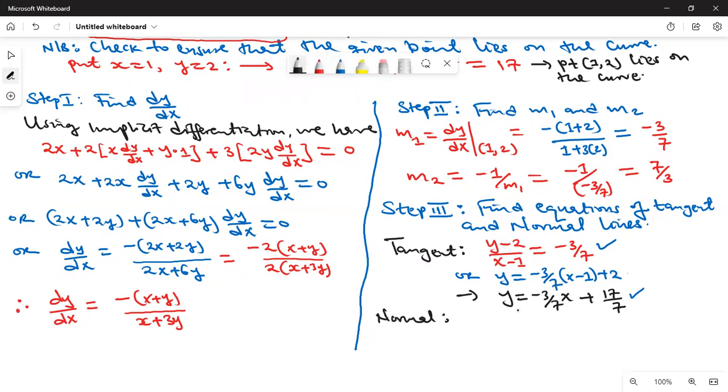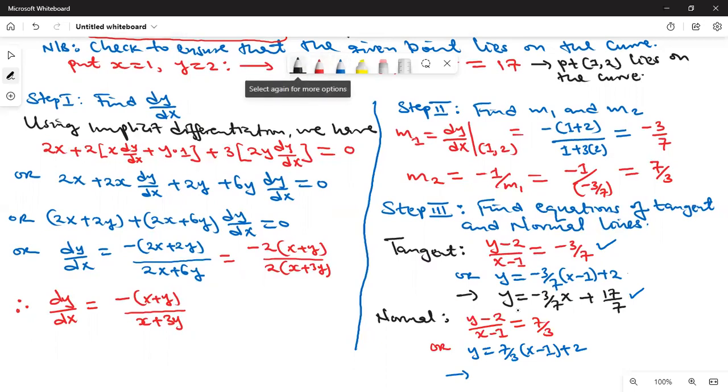Normal line, again, change in y will be y minus 2. Change in x is x minus 1, is equal to m2, which is 7/3. So that is the equation of the normal line. Or you could write this as y is equal to 7/3 times x minus 1, then plus 2, which you can simplify.